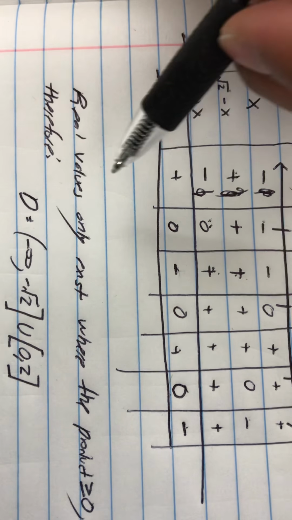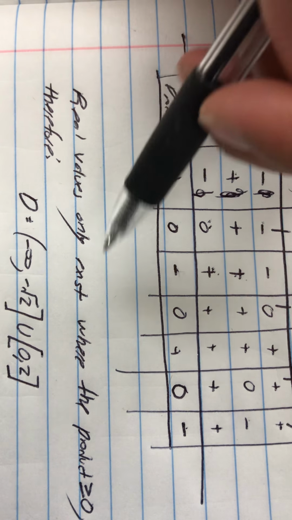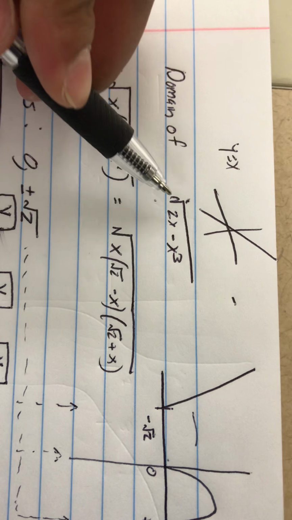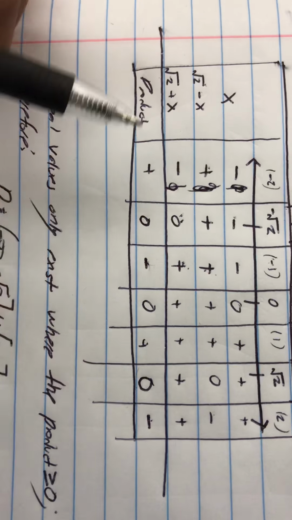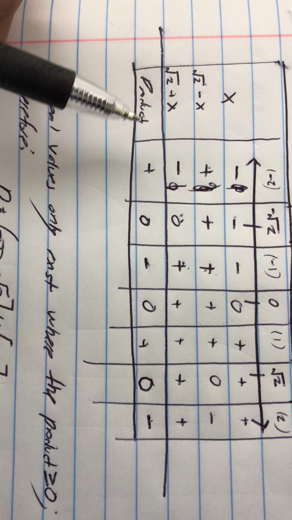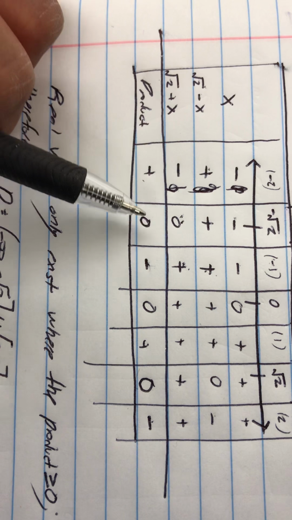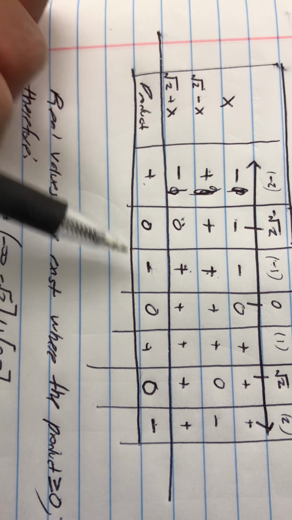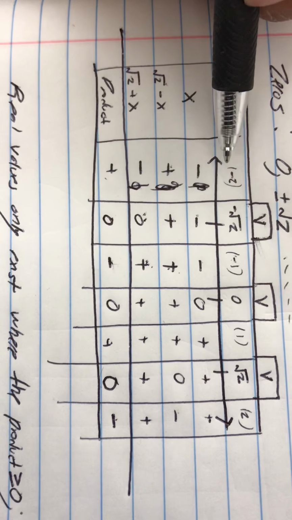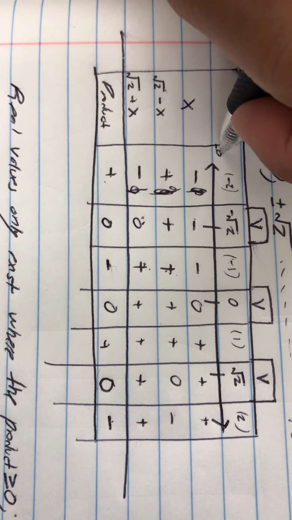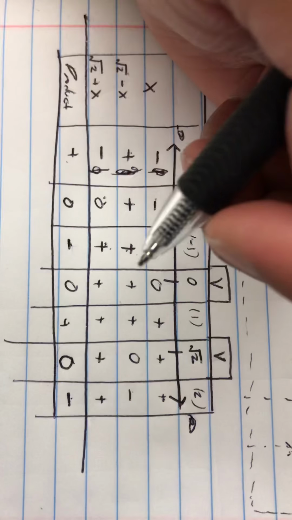So in general, one thing you can always think is that real values only exist where the product is greater than or equal to 0, because of the fact that this is a square root function. So looking at my terms right here, we have the products that have positives and zeros and negatives as well. So one can conclude that everything, I'll say that this is from negative infinity and that's from positive infinity.